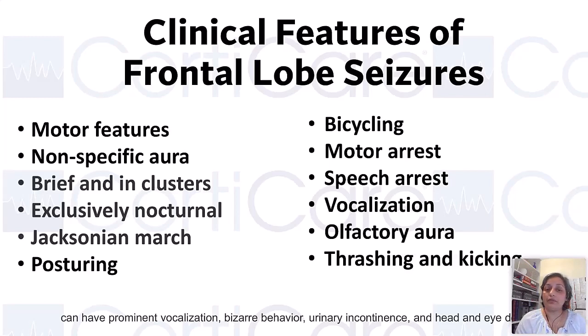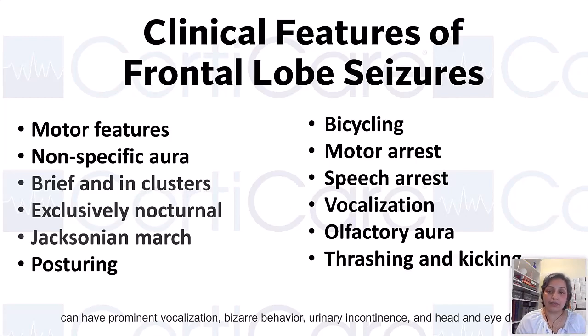They happen during night. They are in clusters. They are of very short duration, and they are Jacksonian march seizures. So they start in one tiny segment, the distal part of the body, could be the finger, move on to the hand, to the arm, to the shoulder, and it can become generalized.